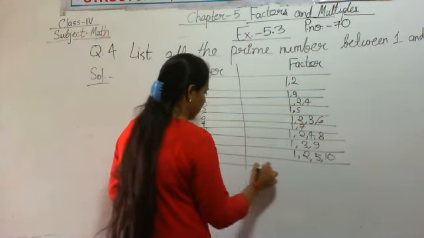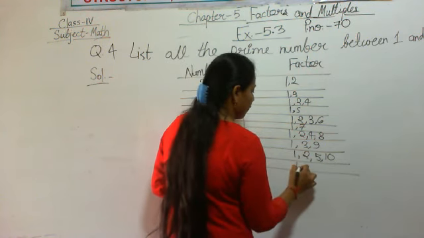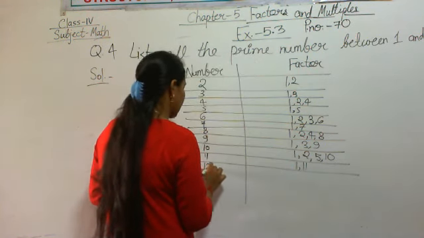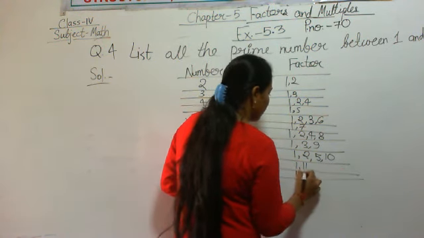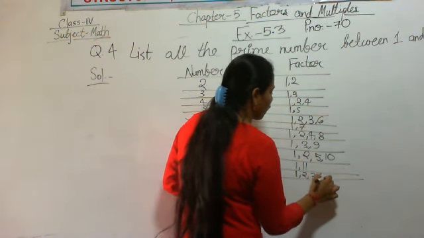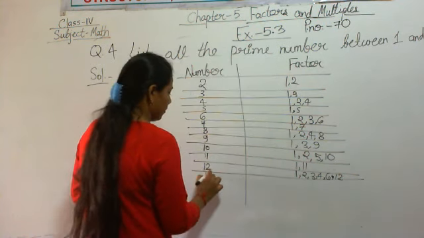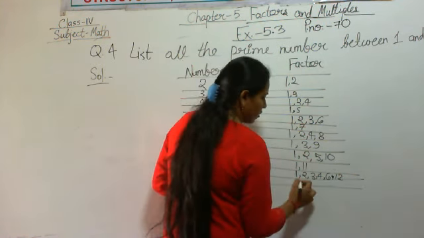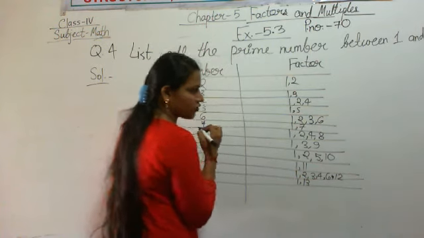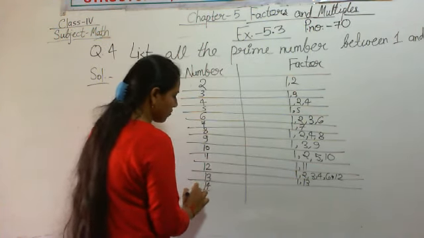Number 11. 1 and 11 only are factors. Number 12. 1, 2, 3, 4, 6 and 12 are the factors for 12. Number 13. 1 and 13 are the factors for number 13. Next number is 14.